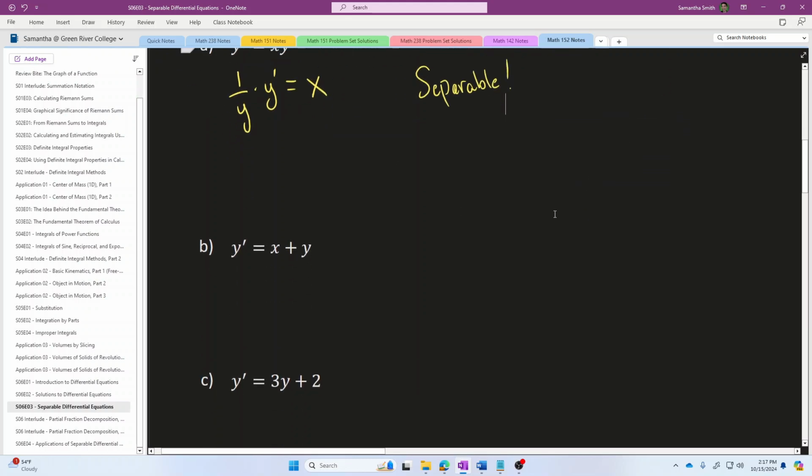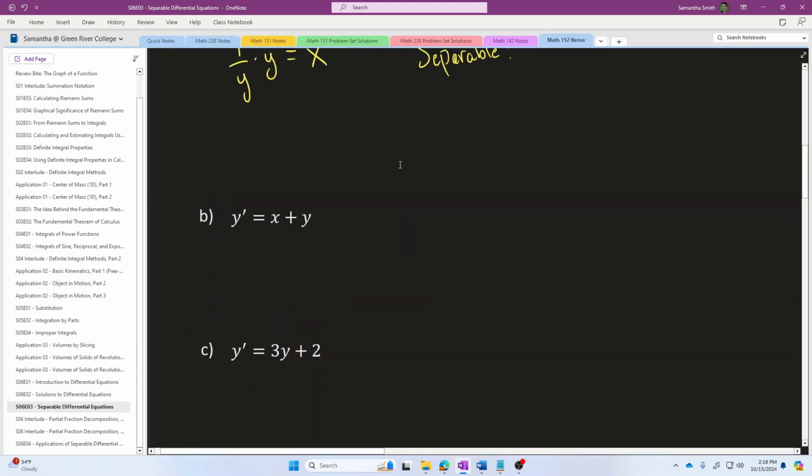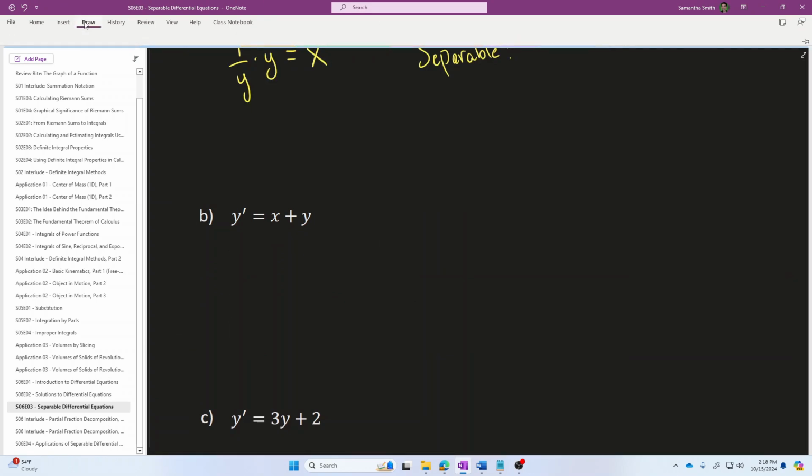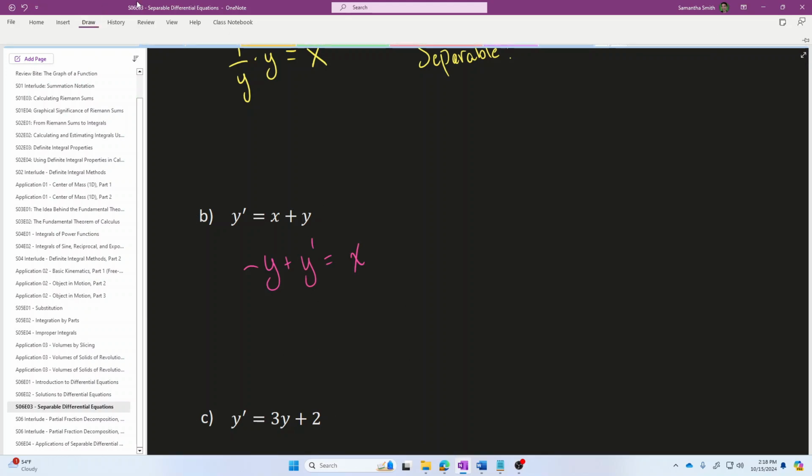Let's consider the next example. Is the equation y prime equals x plus y separable? In this case, I think the answer is no, because although it is possible to separate the y's and the x's, to do something like negative y plus y prime is equal to x, we did not separate them in quite the correct way.